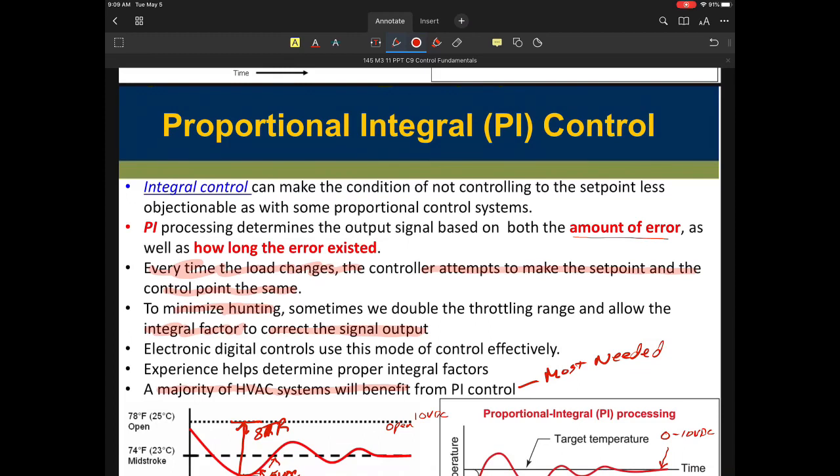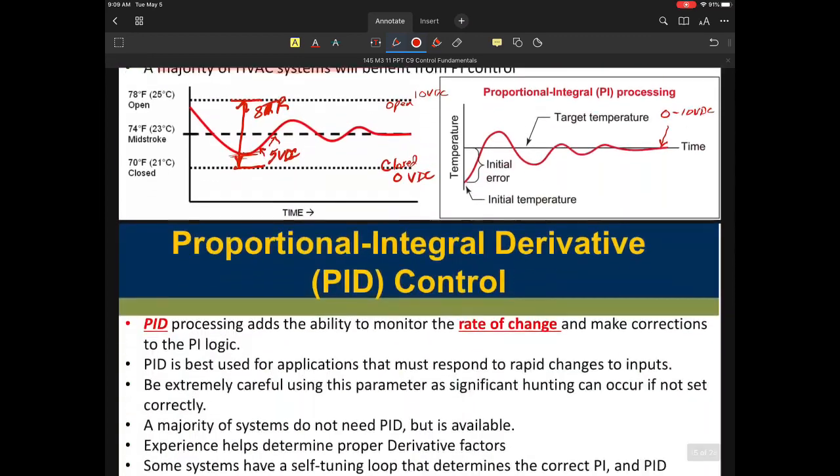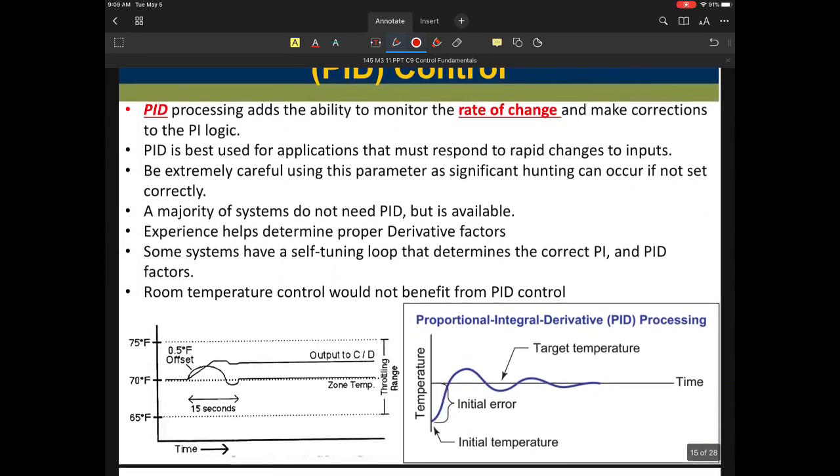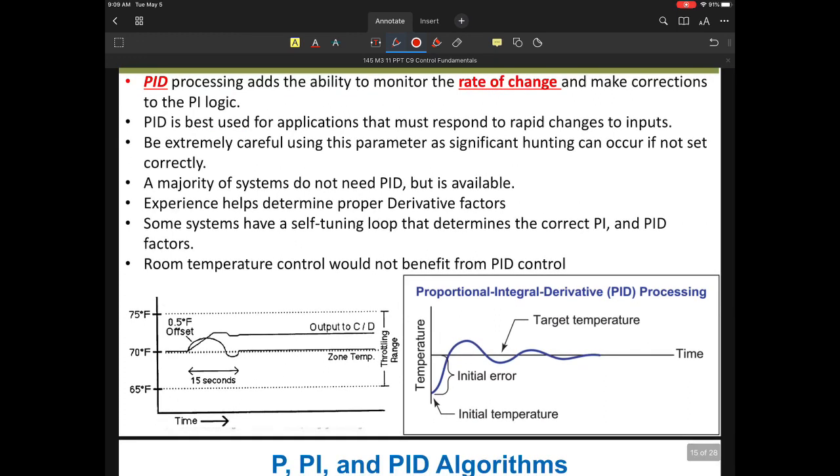In the previous one, we said with the PI loop, the output signal was based upon the amount of error, the deviation from the set point, that was proportional, and how long the error existed. So those two, proportional and integral, and then of course the derivative is, how fast is it changing?